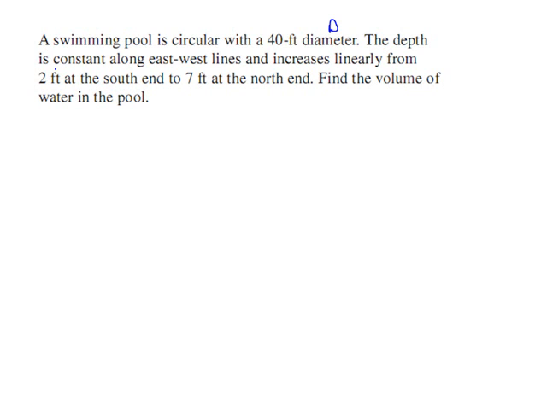We know that the south end of the pool has a depth of 2 feet and the north end a depth of 7 feet. So f of 0, negative 20 is 2, and f of 0, positive 20 is 7.